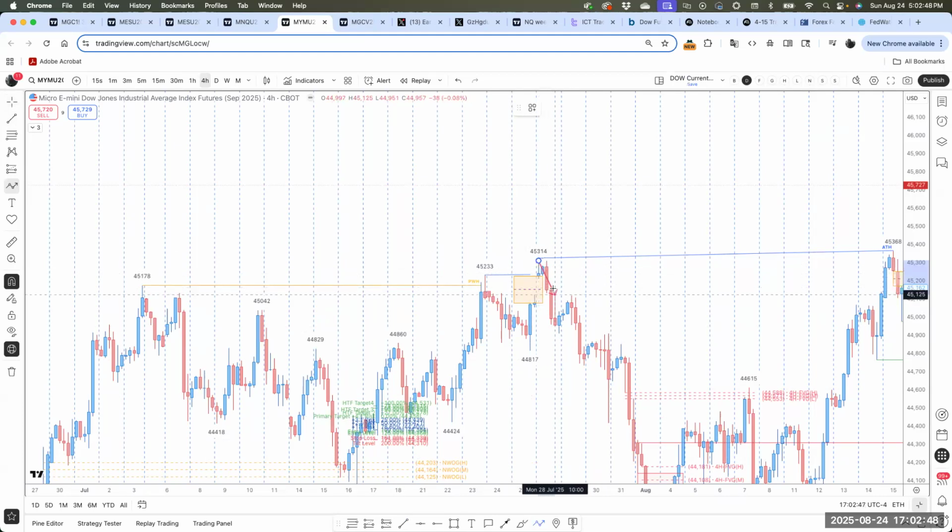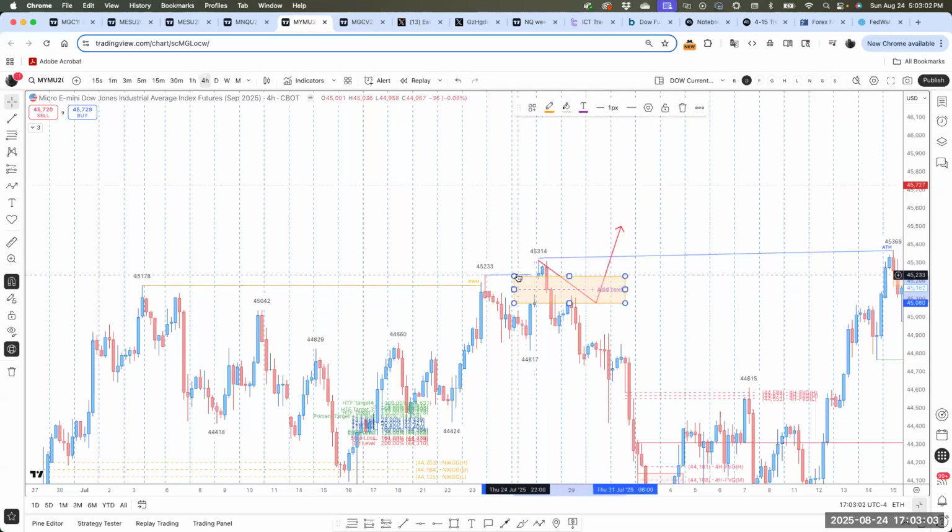It should hold inside of this range, right? Should hold at least at this area and then go up, right? That's the minimum, right? Since we got this, we can extend this out. We take this high, we make a new high, price should come back down into this range, hold it, push up higher, right?